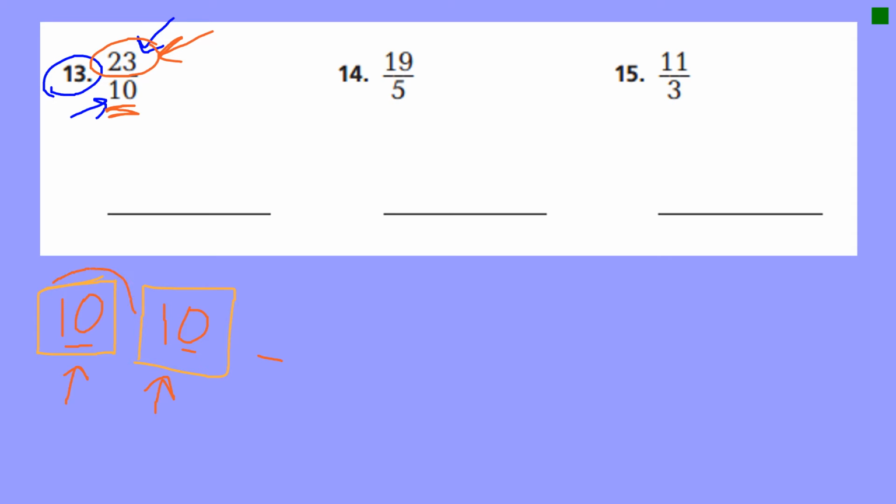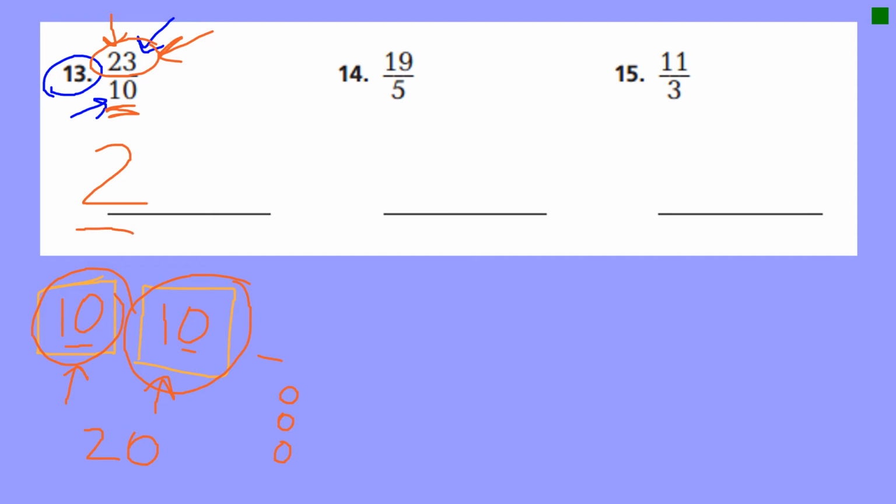So we made 1, 2. We made two whole things. And remember, we have 23. How many pieces do we have left? That's 20 pieces. So we still have 21, 22, 23. We still have 3 pieces left of the 10 that make one whole.